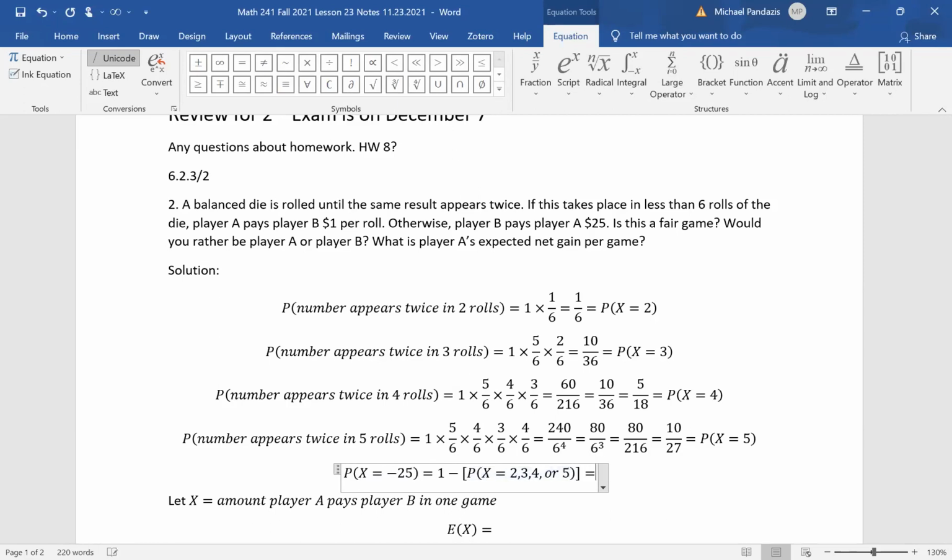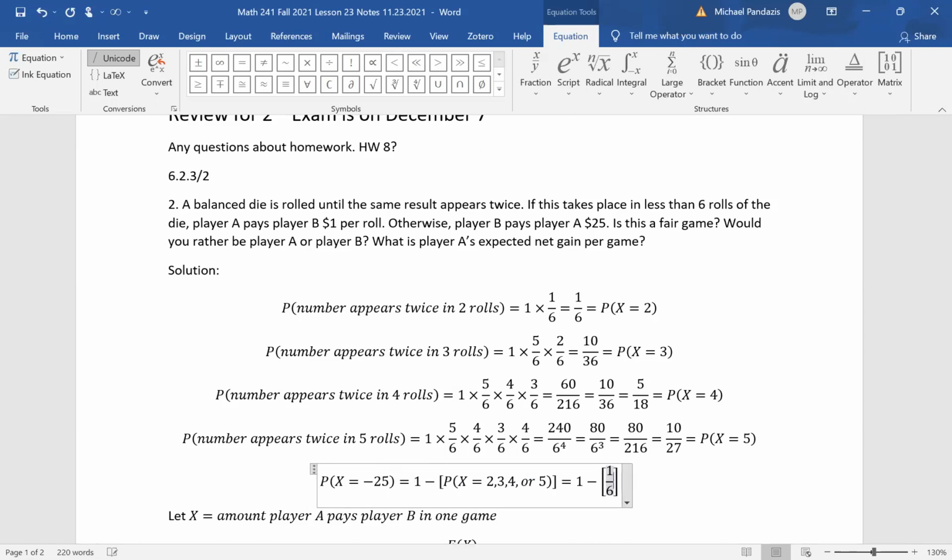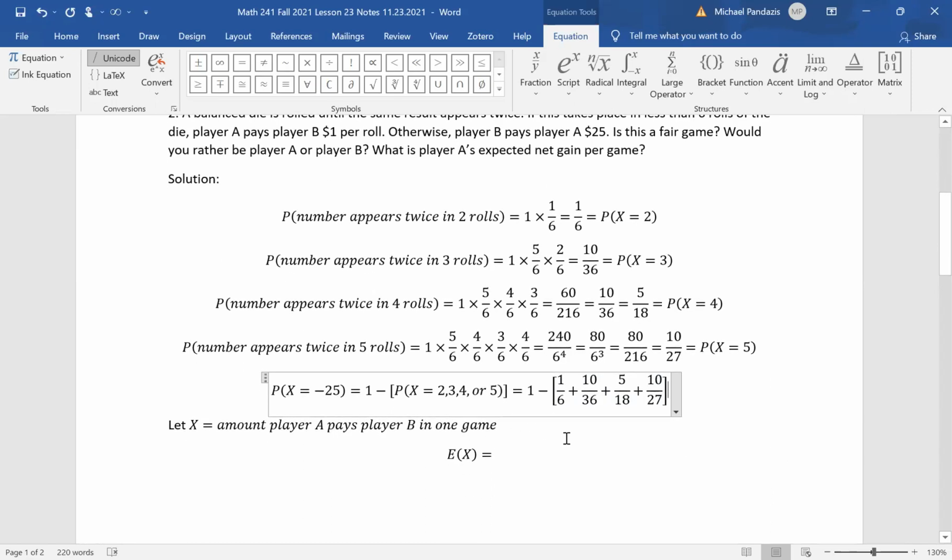So this is 1 minus the sum of those probabilities, which is 1/6 plus 10/36 plus 5/18 plus 10/27. That's the probability that X is equal to -25.